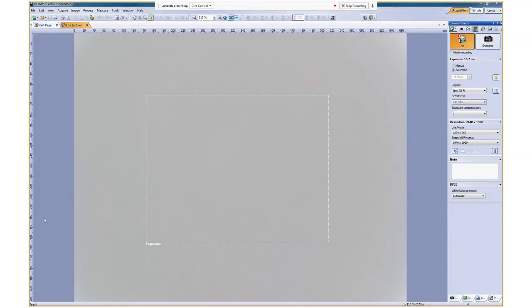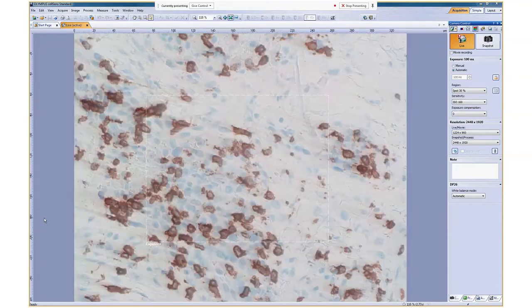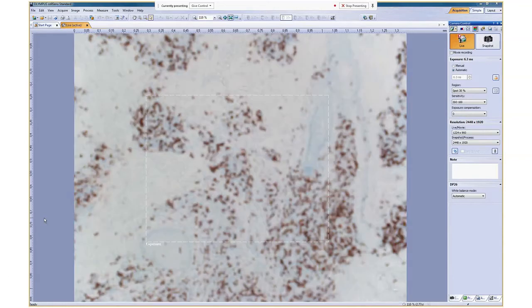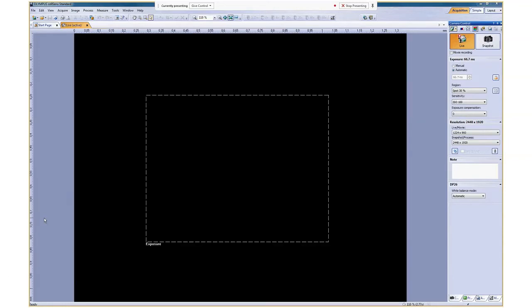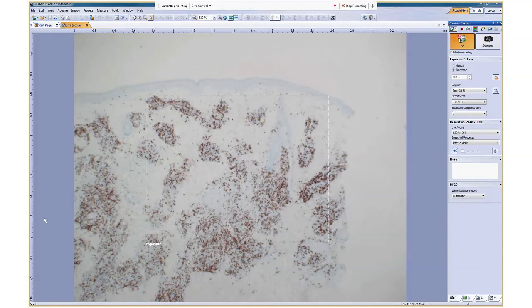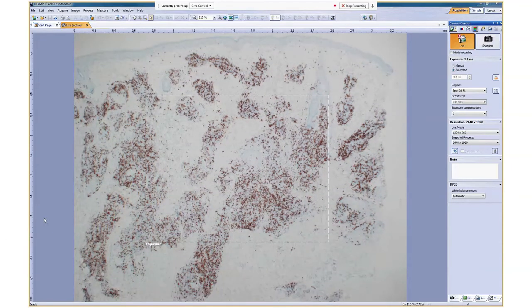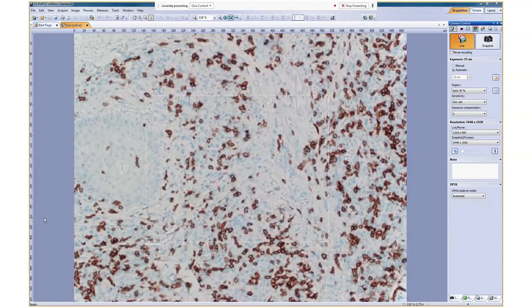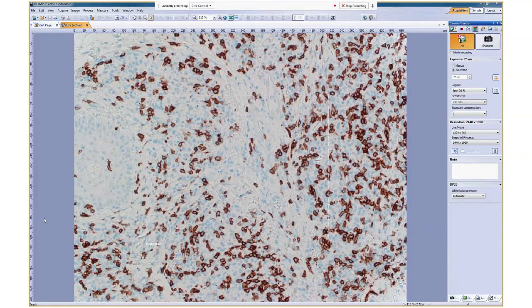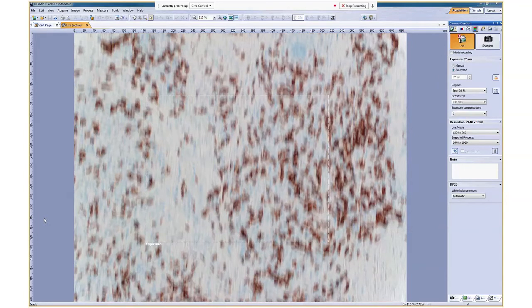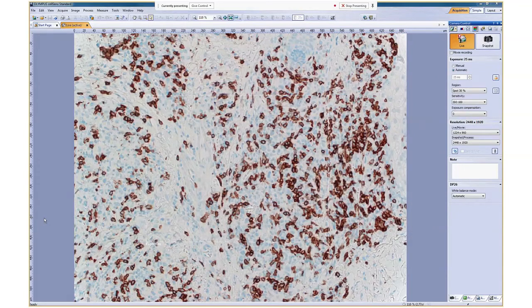And the CD8 stain, as you can see here, is staining a much smaller population of the T cells relative to the CD4. And when you go in on higher power to the exact same locus we were at before, you'll hopefully notice that the CD8 is predominantly staining the smaller reactive T cells, not the atypical T cells.